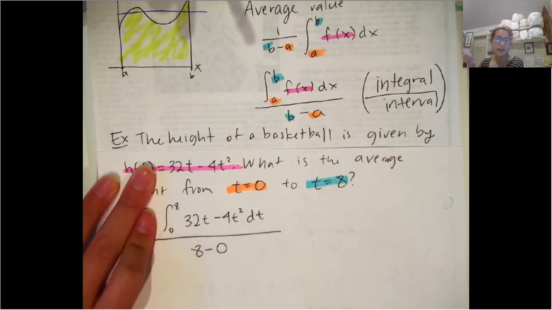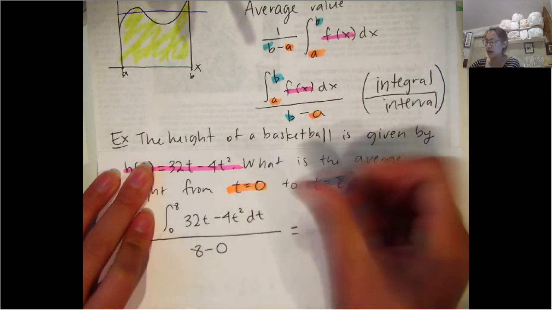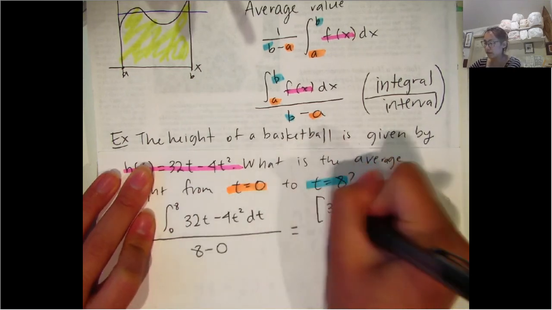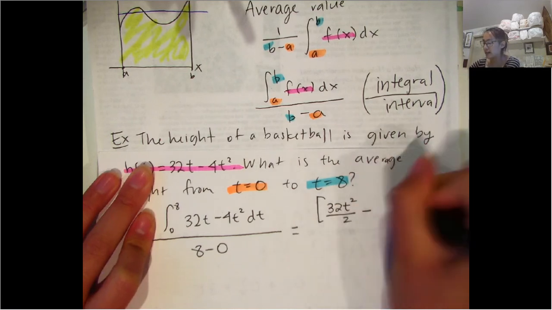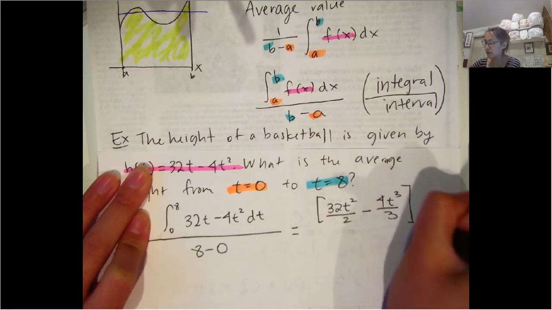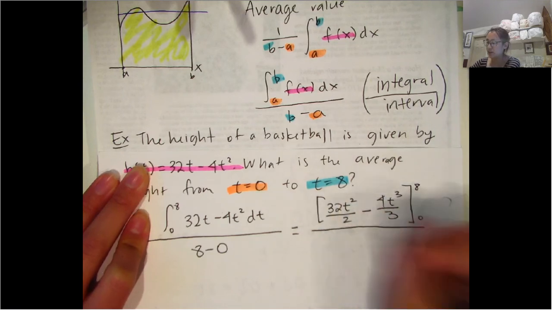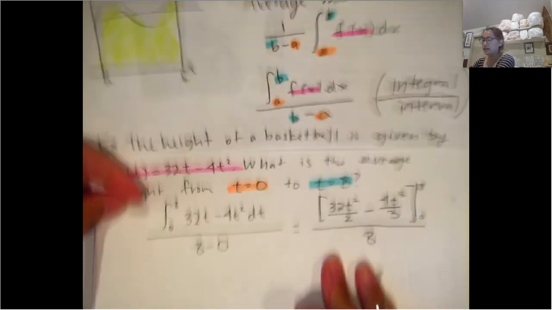So first you find the antiderivative, then you plug in the bounds. So you should remember how to do that. And so we find the antiderivative. So we have 32t squared divided by 2 minus 4t cubed divided by 3. And we're evaluating this from 0 to 8. And then once we do that, we'll go ahead and divide by 8.